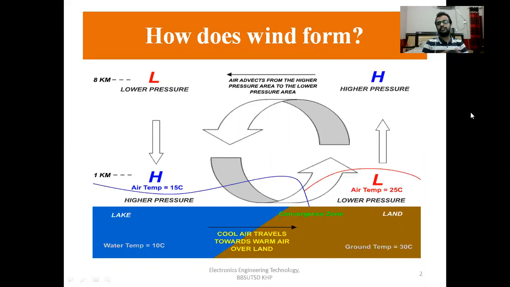This causes expansion of warmer air, making less pressure where it is warm than where it's cooler. Air always moves from high pressure to lower pressure, and this movement of air is wind.